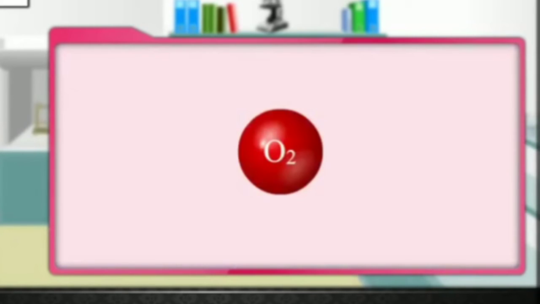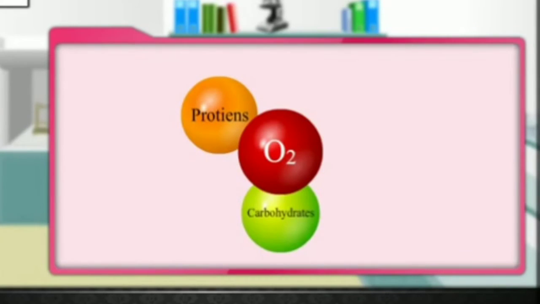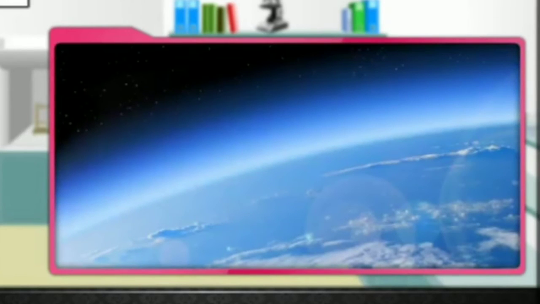Oxygen is important for the synthesis of proteins, carbohydrates, and fats. It is also used in various chemical reactions. Ozone, that is O3, is produced from oxygen through various atmospheric processes.